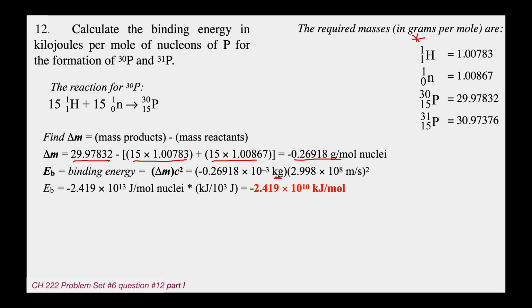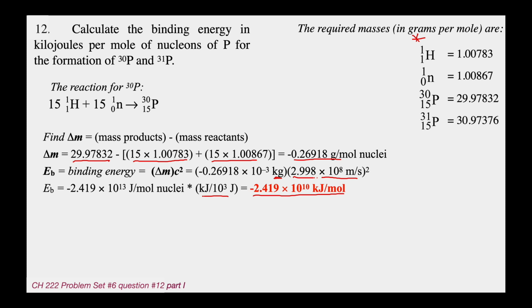You can see there's an extra times 10 to the minus third that turns the grams into kilograms. Then you multiply that by the speed of light squared, 2.998 times 10 to the 8th meters per second, and you get a very, very large number. I turned it here into kilojoules: negative 2.419 times 10 to the 10th kilojoules per mole.